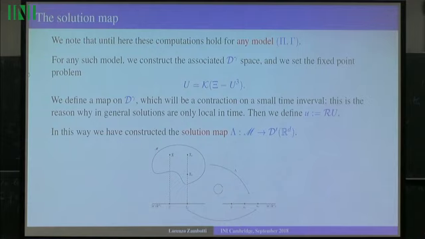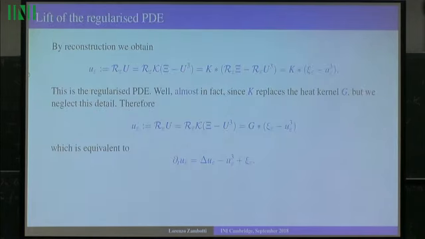Now, let us go back here, let us reconstruct, and we obtain now U epsilon. So now we are in the canonical model. U epsilon is defined as R epsilon U, which is this. Now we apply the commutation.